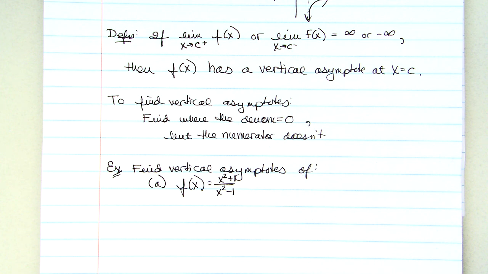Okay, maybe this one's not super complicated, but in general, what might make this easier to deal with? What should I do? I should do some factoring. What happens when you factor x squared plus 1?